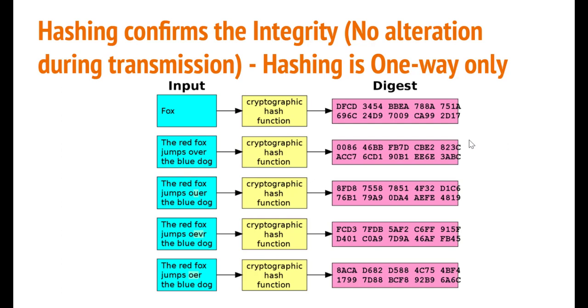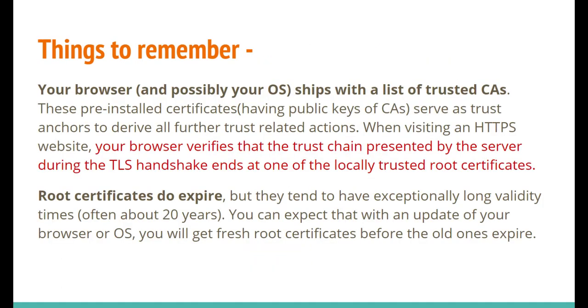Hashing basically uses an algorithm which generates random numeric values, which is considered the digest, and hashing is one way only. That means once hashing is performed upon a message or a block of message, we cannot revert back from the digest to the message. That thing we have to remember. So here comes the most important thing, that is the browser.